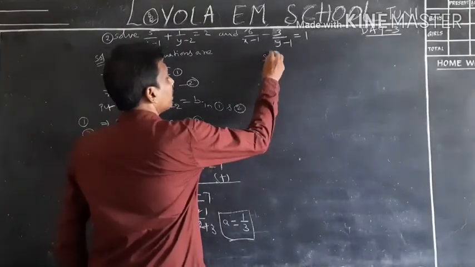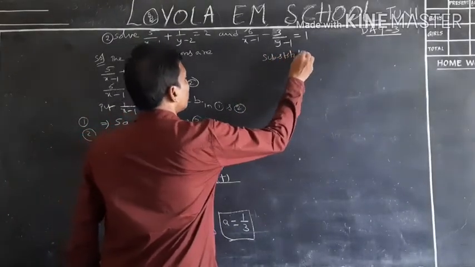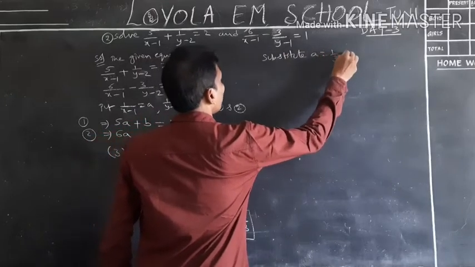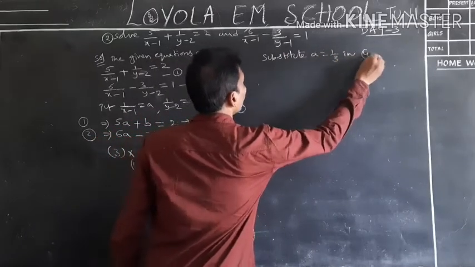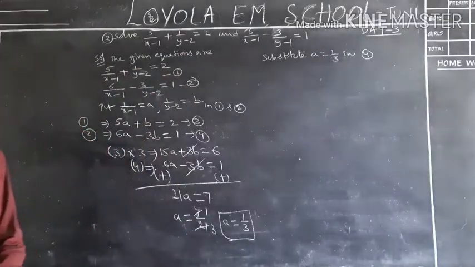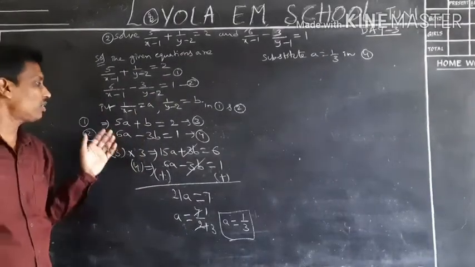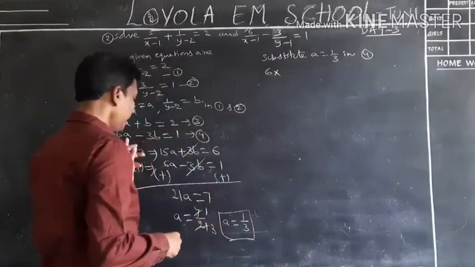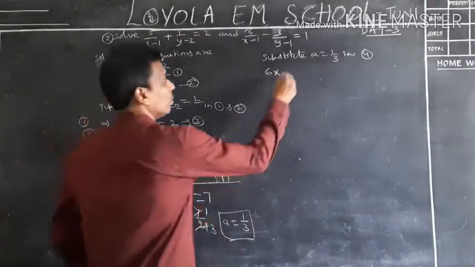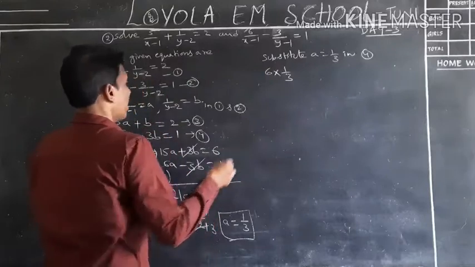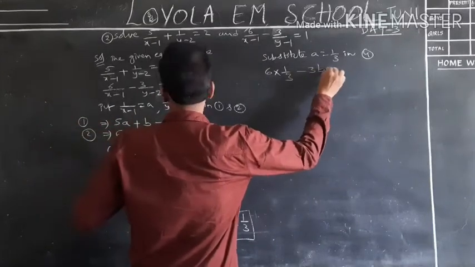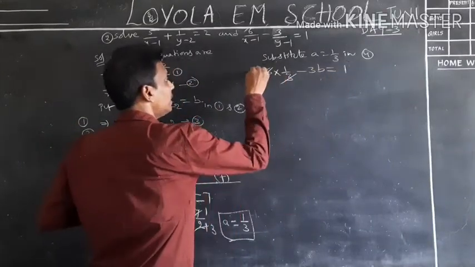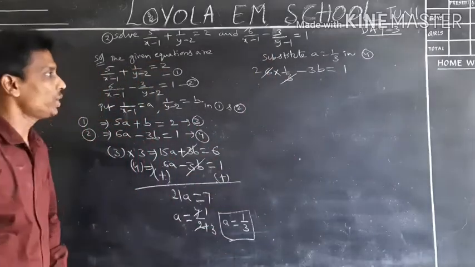So I am substituting a is equal to 1 by 3 in the fourth equation. In the fourth equation, 6 into the a value, how much do we get here? 6 times 1 by 3 minus 3b is equal to 1. 3 table, how many times does it cancel? 2 times cancel.